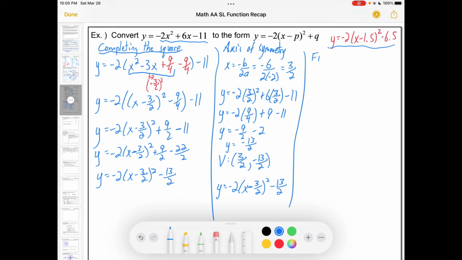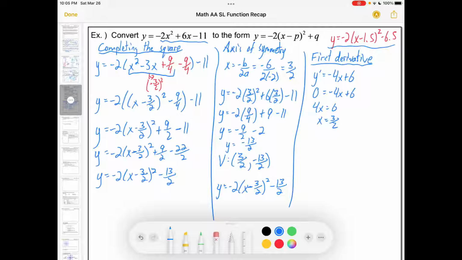Lastly, we could do this by thinking about the first derivative. The tangent slope of y is going to be y prime, and that's negative 4x plus 6. If we're looking for a turning point, well, we set the slope to be 0. So we get negative 4x plus 6 equals 0, or 4x equals 6, or x equals 3 over 2.